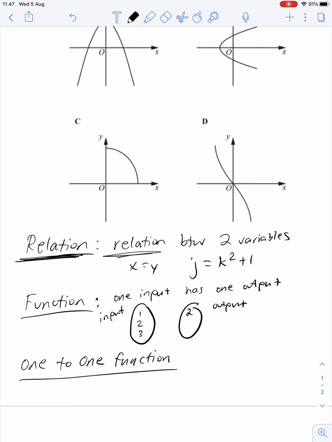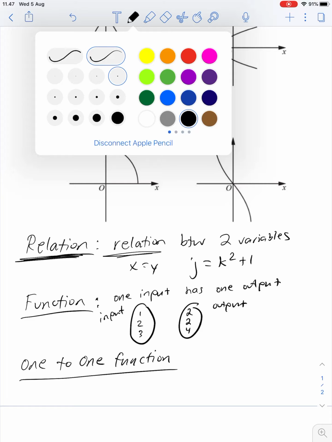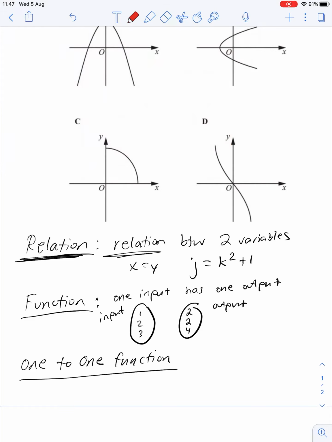Let's say I have 2, 2, 4. All right. So a function says each input, so one input has one output. So 1 can go to 1, 2 can go to 2, and 3 can go to 4. That's okay.